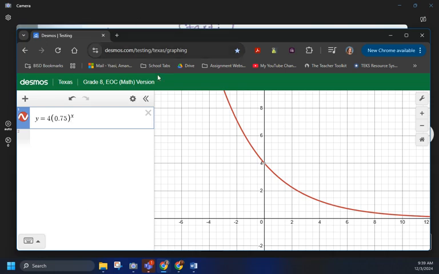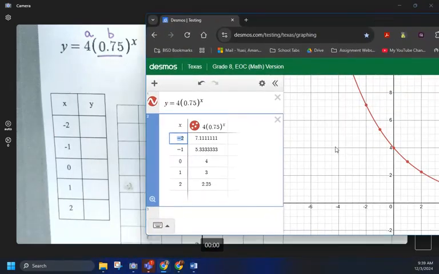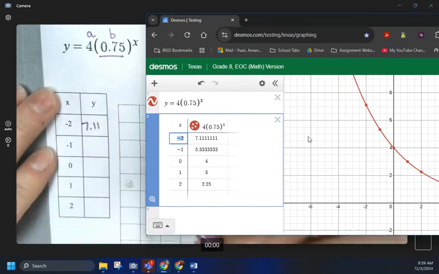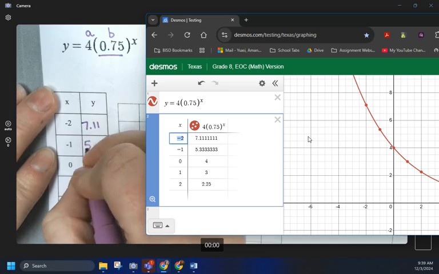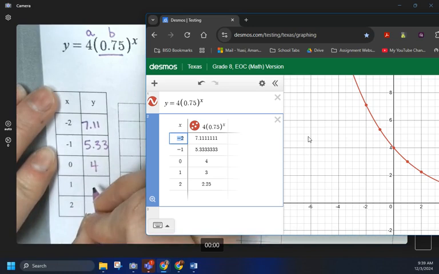All right, so let's go to this little edit list because we want to get a table of values. So hit this, hit the table, and look how it populates a table for us. We're going to go ahead and write these down. So 7.11, 5.33, 4, 3, and 2.25.